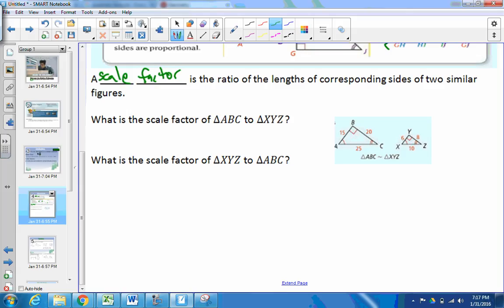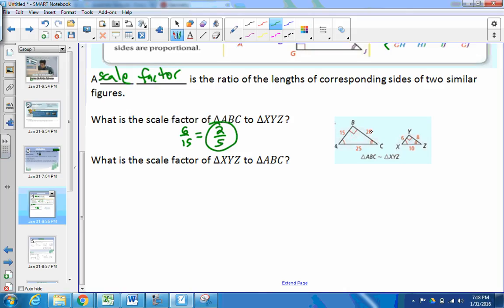So we're going to go from the bigger to the smaller. Let's try the corresponding parts. AB and XY would be 6 to 15, which would reduce down to 2 to 5. So that would be your scale factor. From ABC, it's 2/5 because it's getting smaller. So if you multiply any of those parts by 2/5, you'll find the smaller one.